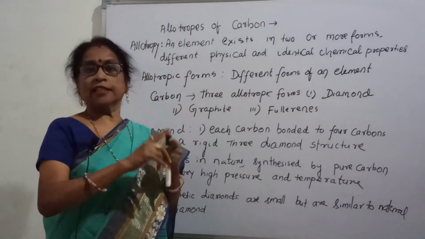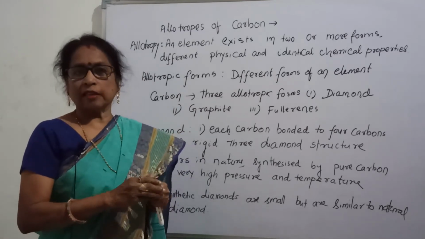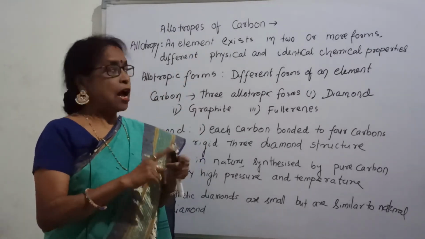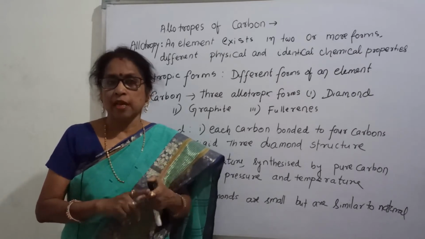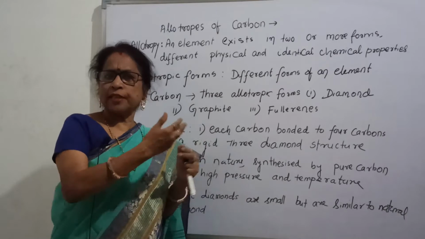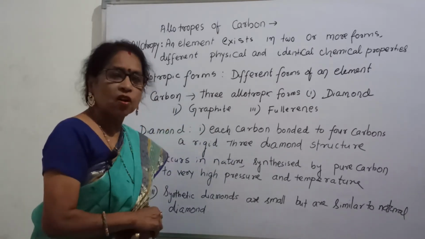An element existing in two or more forms having different physical properties but identical chemical properties. Remember, that is called allotropes.